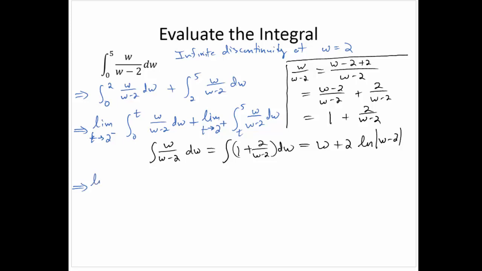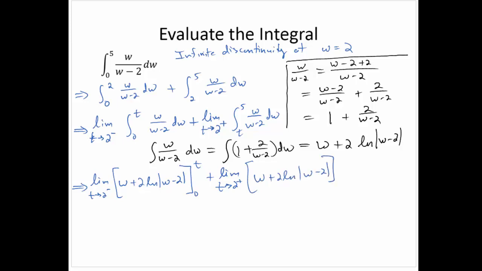And so I'd have the limit as t approaches 2 from the left of w plus 2 natural log absolute w minus 2 from 0 to t, plus the limit as t approaches 2 on the right, w plus 2 natural log absolute w minus 2 from t to 5.